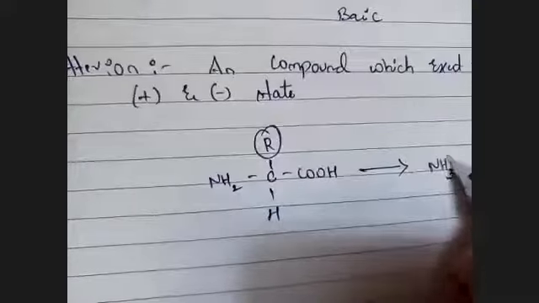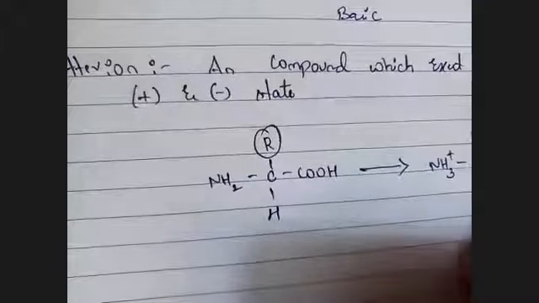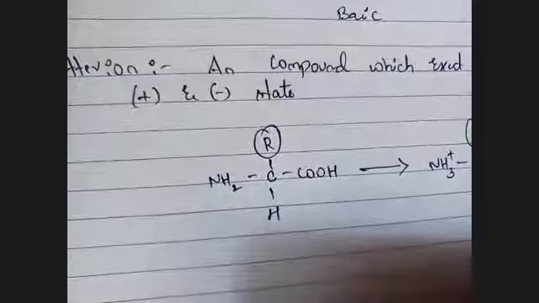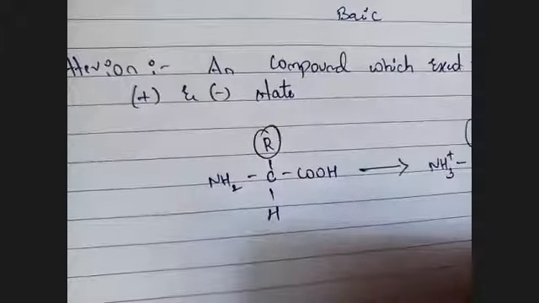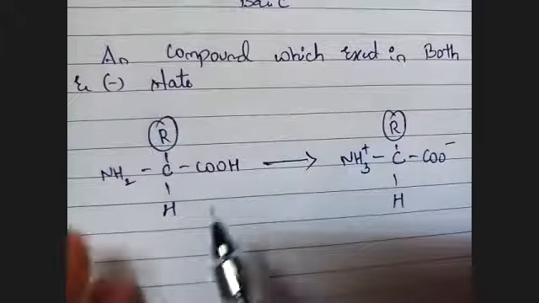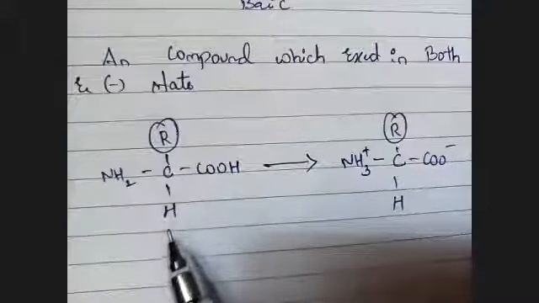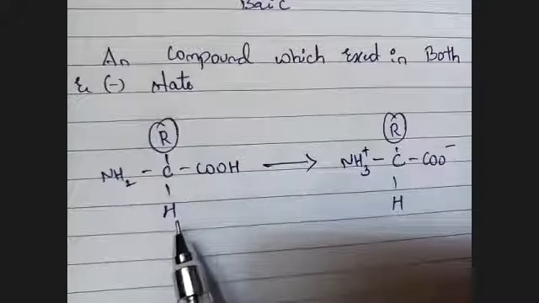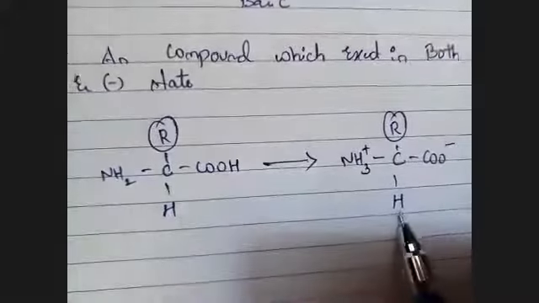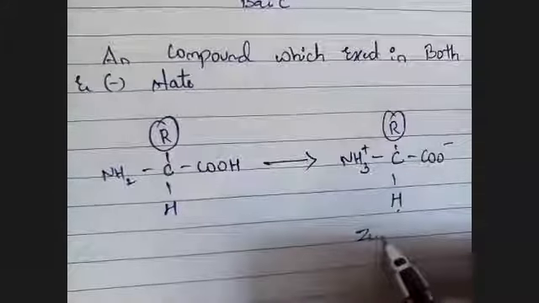It converts to this. Can you see now? This is the basic nature of the amino acid, but it will convert to this. This is called the zwitterion form.